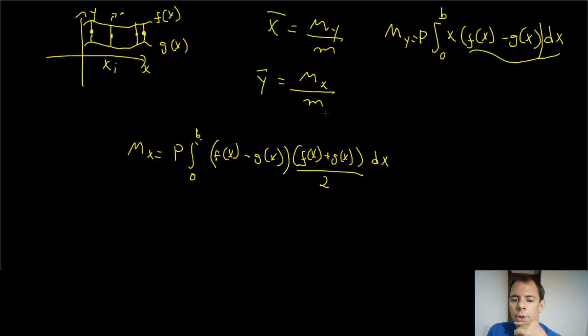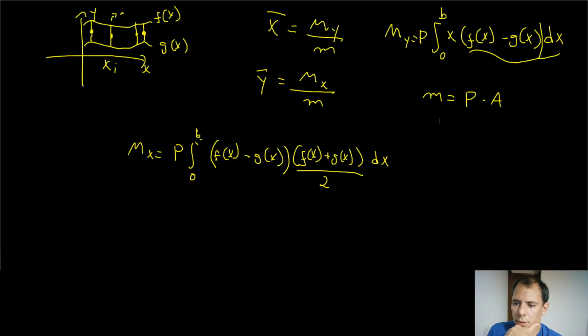Okay, if you don't know the density, you don't have to worry about it, because you see, what is M? M equals the density times the area. And the area is always going to be this stuff.